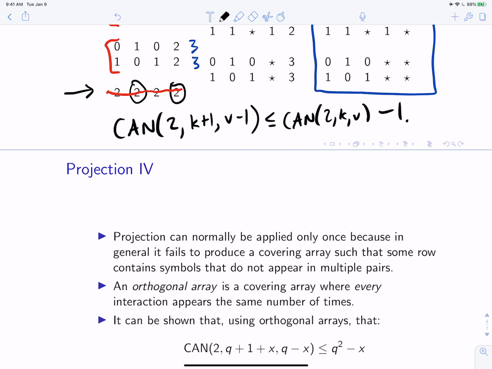Yeah. So you're basically using projection so to start it, you would have to have an array with, say, the same t, k, v except k minus 1 or k plus 1, and the goal would be to minimize one of them so that you have the ideal amount for t, k, v.